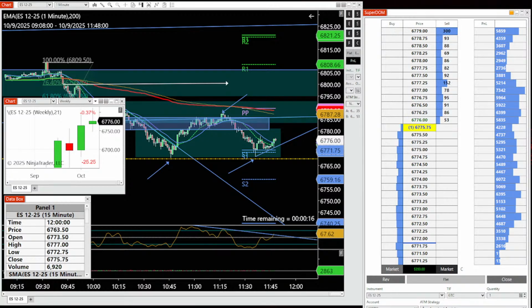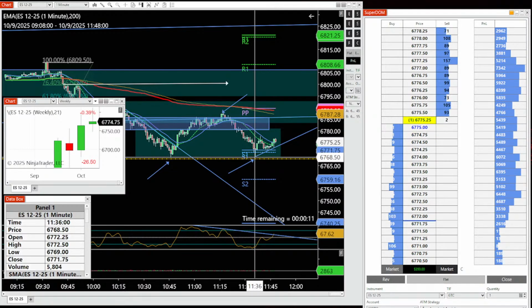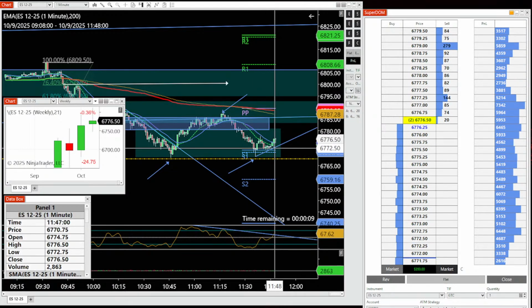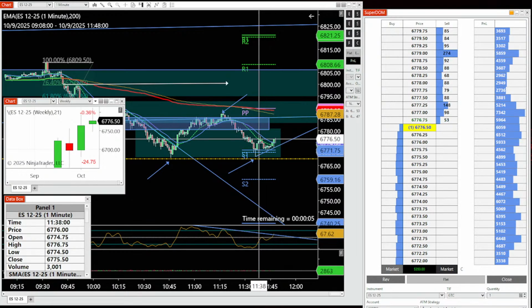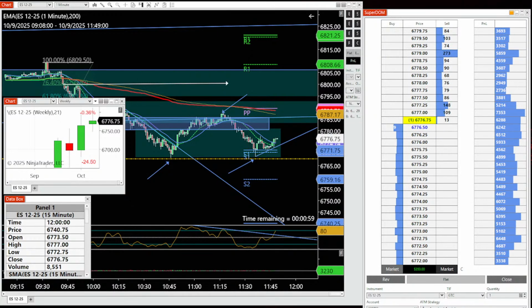Okay, on the 15 minute we got a double bottom. So if we play the double bottom, 73. I should be off at 11:30, as that's it.